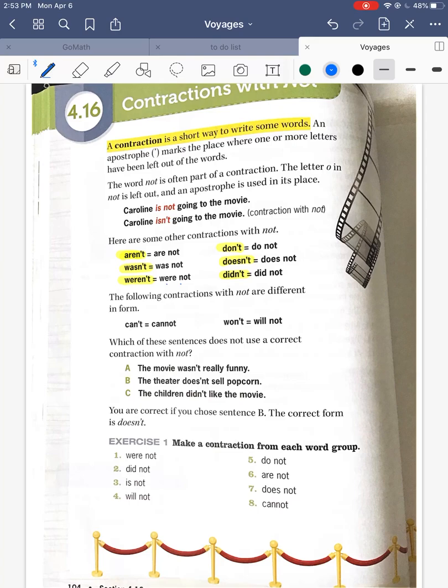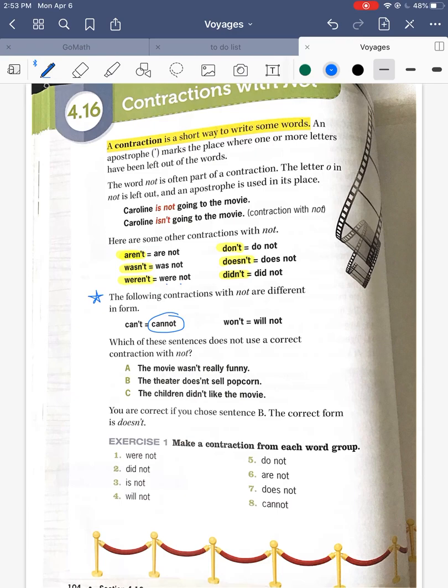These are special ones. The following contractions with not are different. So the word cannot can be shortened to can't, but it's all one word. So cannot, if you're writing I cannot ride a bike, it's C A N N O T with no space.